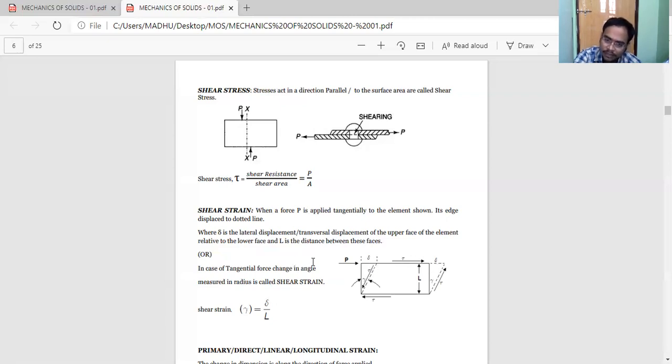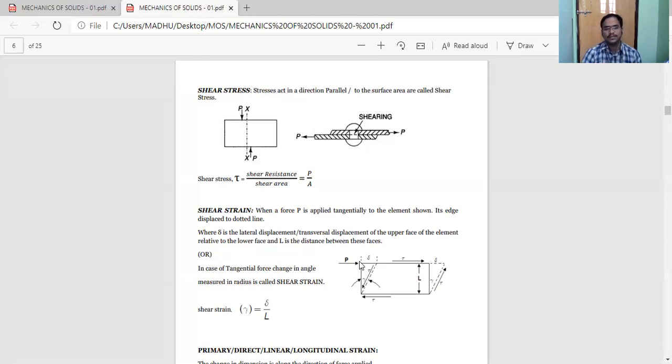Initially its position was here, but after application of the load, it changed its position.